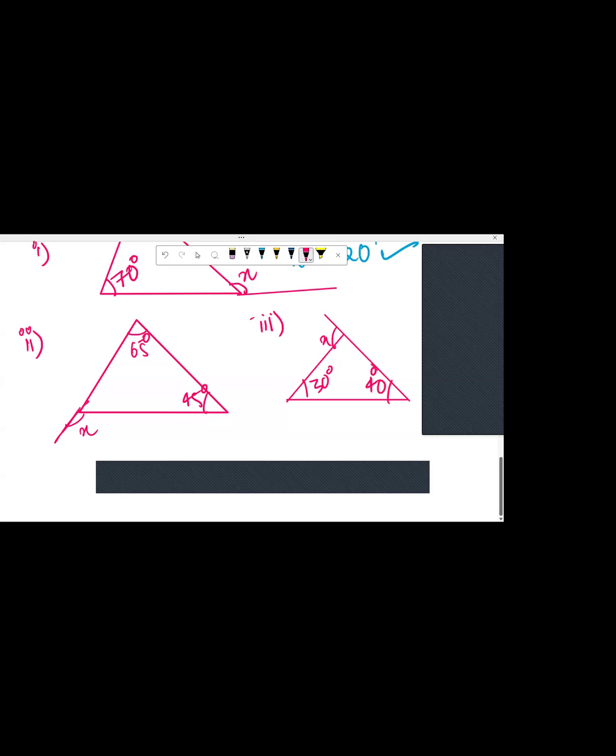Find the values of X in both of them. Done, ma'am. Okay. Let others also do. We discuss together.